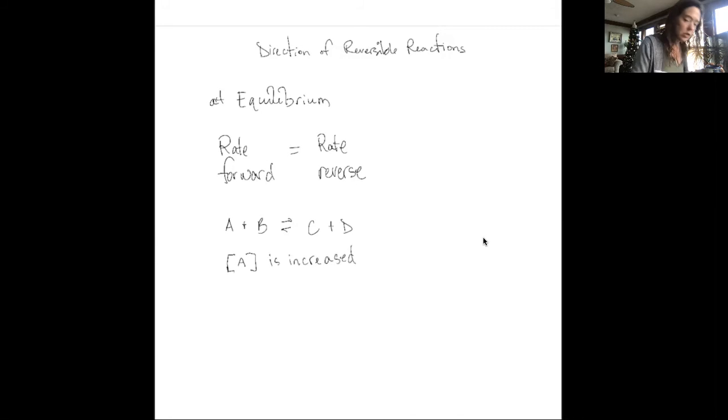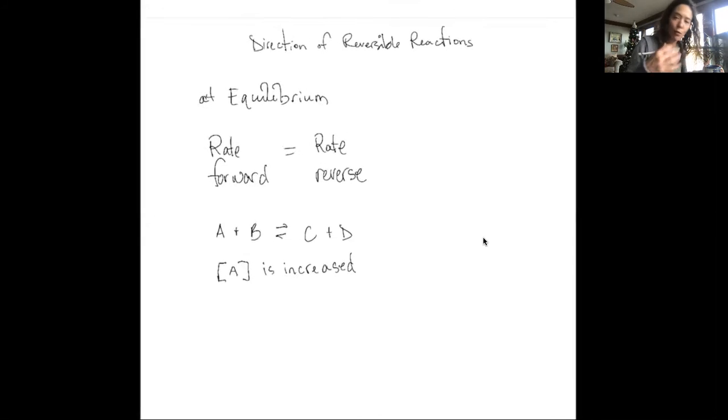How is that going to affect our rates? Well, if we have more of A, then we have more particles to react. So what is that going to do? That is going to increase the rate of the forward reaction.